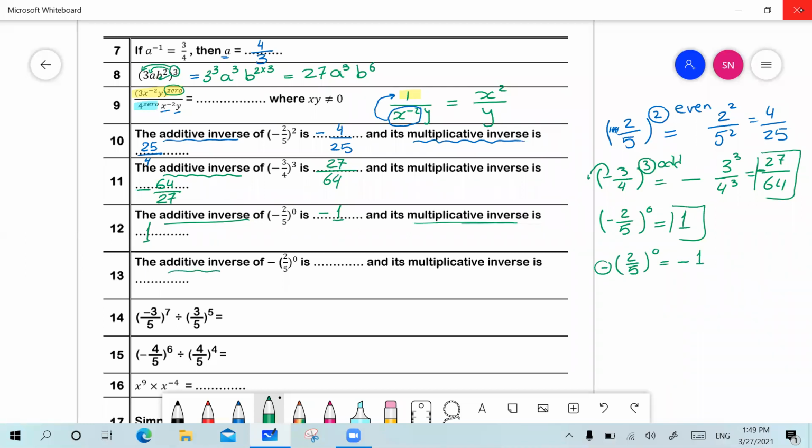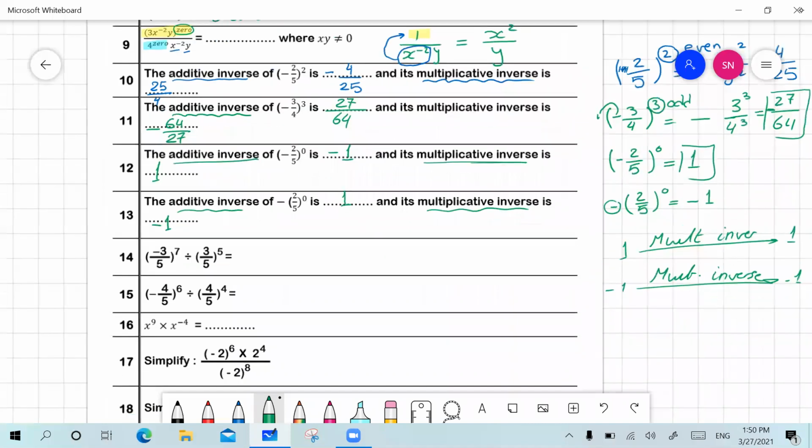The additive inverse of -1 is 1. And the multiplicative inverse يا يوسف؟ -1. -1. Thank you. Welcome. نفتكر كده إن ال1 المultiplicative inverse بتاعها 1 والنيجاتيف 1 المultiplicative inverse بتاعها -1.